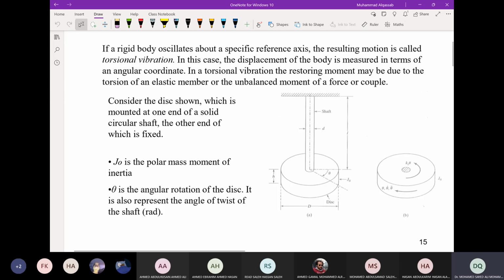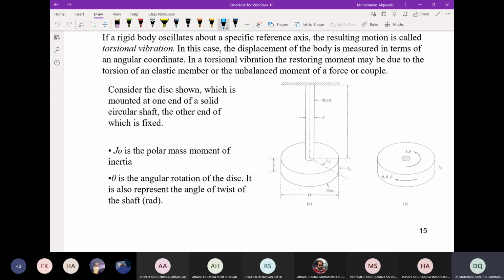Such a system is modeled as a shaft, as you can see here, carrying a disc. The disc is rigid, and it is fixed with the shaft at this point. The shaft is fixed at the other end, and we assume that the shaft is massless and that the mass is only the mass of the disk or any object, but this is our model.